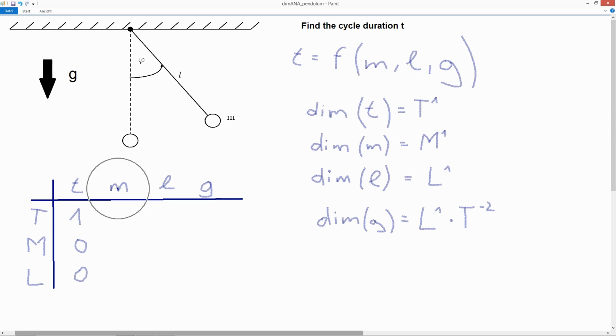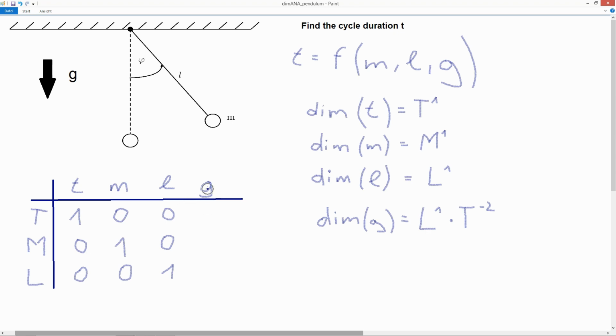The quantity m only depends on the mass capital M, and this to the power of 1. So no time, no length, and mass gets a 1. So the length L only depends on capital L, and this to the power of 1. So L1, no mass and no time.